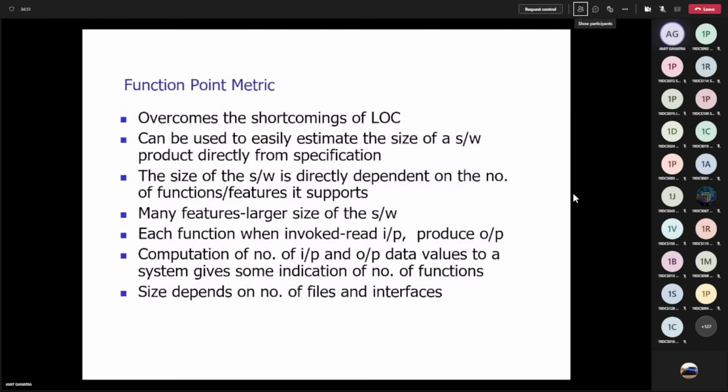It will give you some form of indication of how big the software can be. And another important part is that size also depends on the number of files with which your program is interacting, as well as how many interfaces you have provided by which you can raise a query and get the answer.